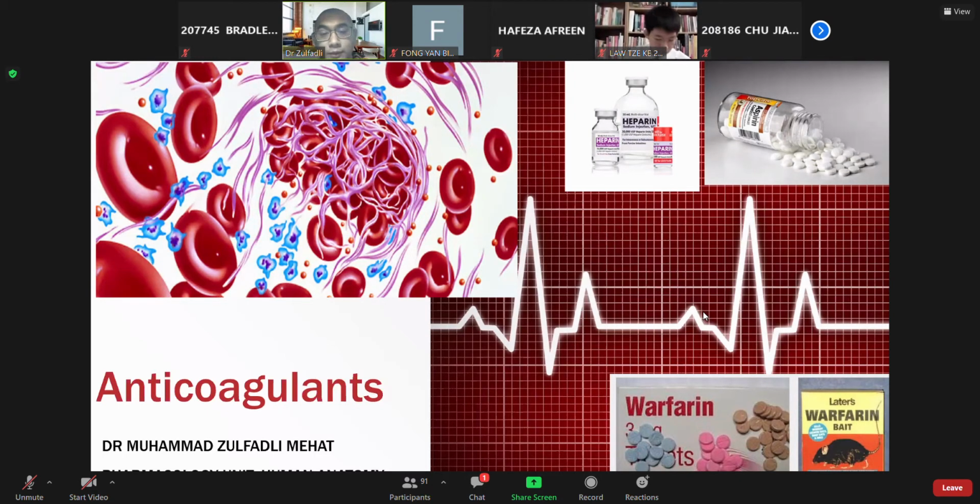So a wound can be an open wound or a closed wound. A closed wound is a bruise, if you feel bruised, that is a closed wound. If you cut your finger a bit, that is called an open wound. So that is basically how blood clotting works physiologically.